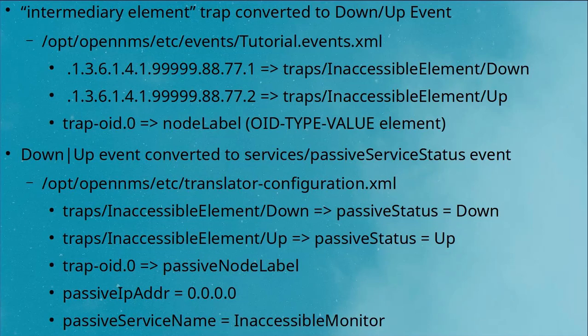Other service/passive service status required parameters were configured in translator-configuration.xml. Passive node label was set to the value of trap-oid.0 in the original intermediary element's trap. Passive IP address was set to 0.0.0.0 and passive service name was set to inaccessible monitor.